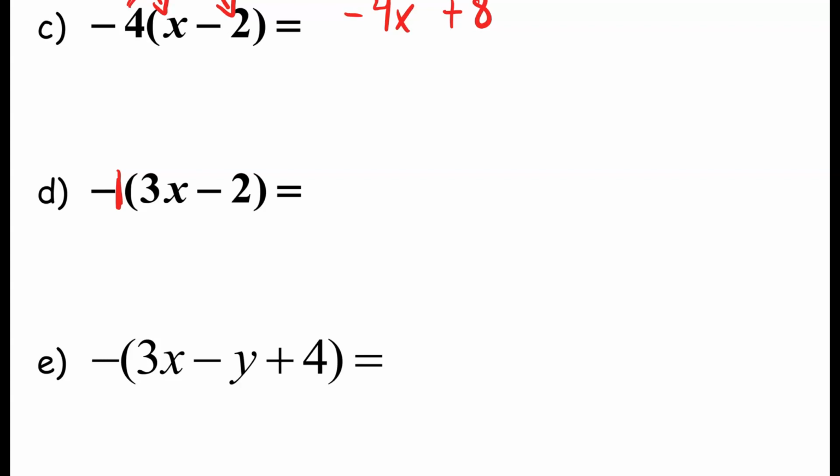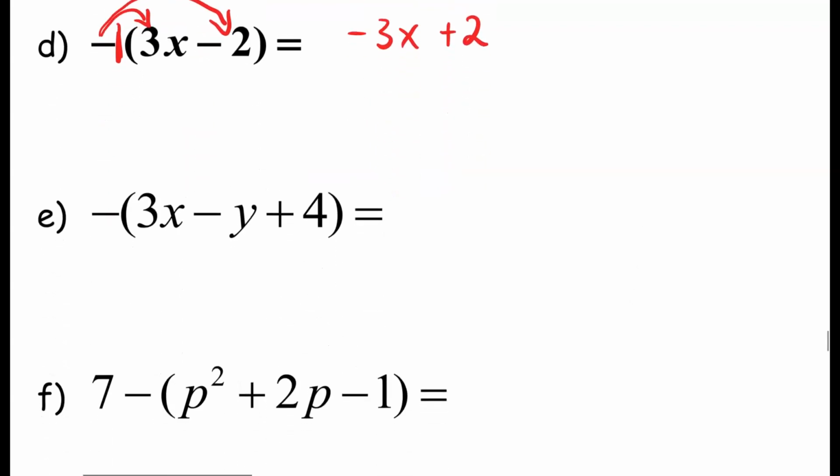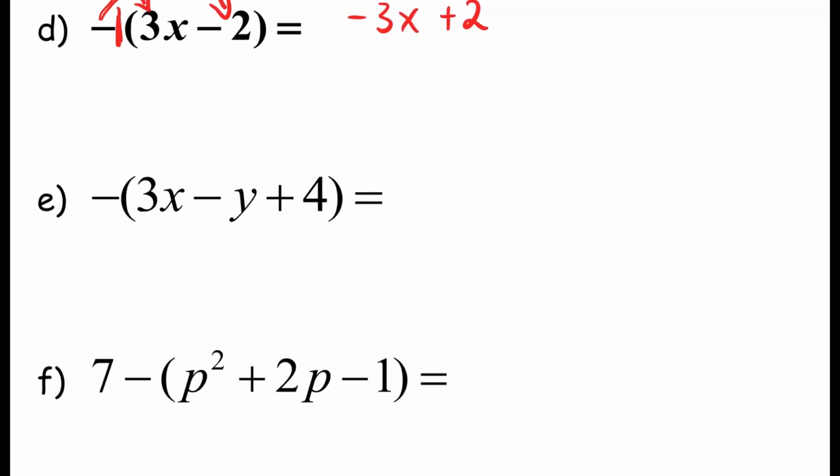The only thing that's going to happen is this negative is going to change all of the symbols. So the negative is going to multiply in on the 3x and also in on the negative 2, changing the 3x to negative 3x and changing the negative 2 to positive 2. E, I want you to try this now. So multiply that negative through to make sure you get the correct answer.